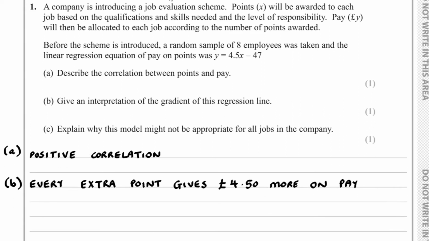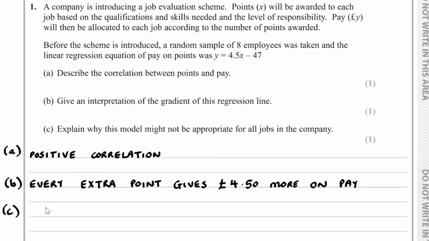And then for part C, we have to explain why this model might not be appropriate for all jobs in the company. Now, for part C, if I take a look at my equation y = 4.5x - 47, we need to find out the value of x for which we would have negative pay.